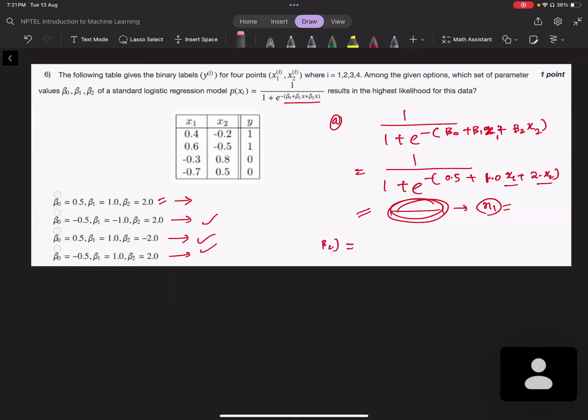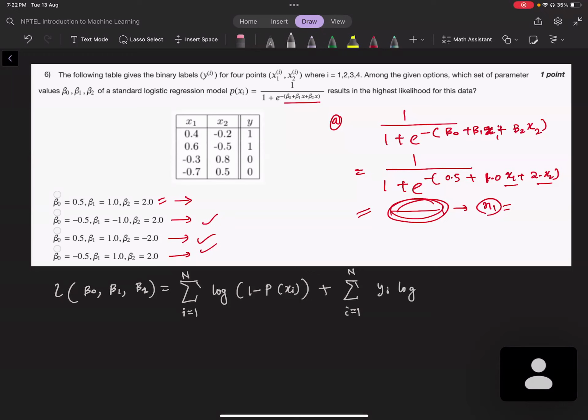xi, plus the summation of i equals 1 to n of yi times log of p of xi by 1 minus p of xi.